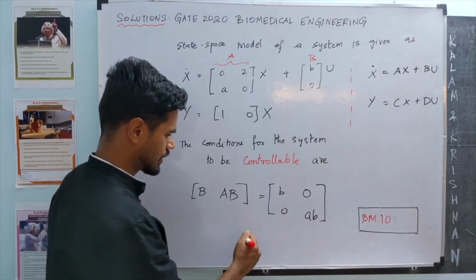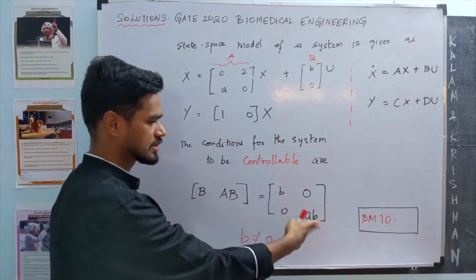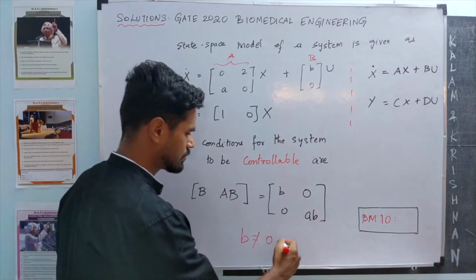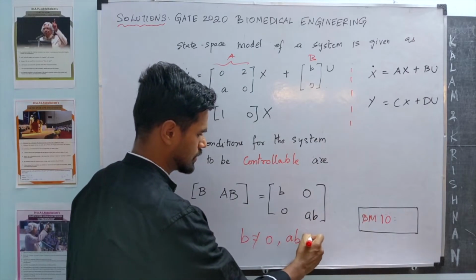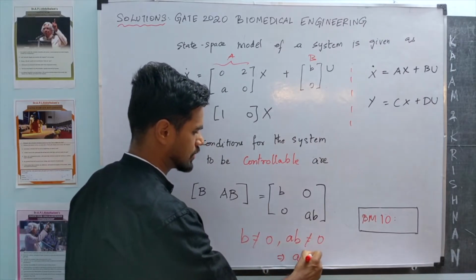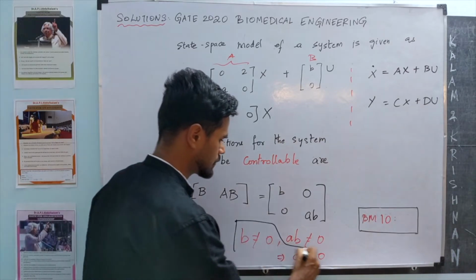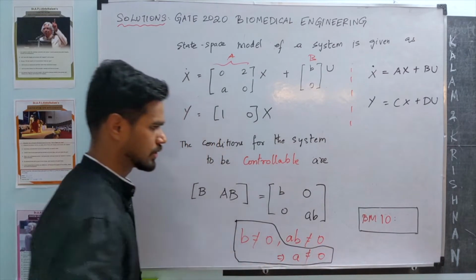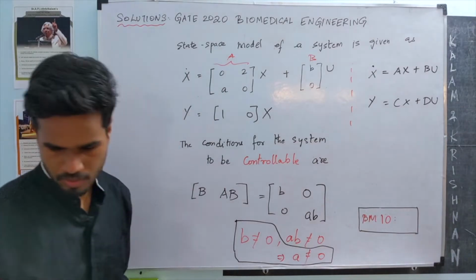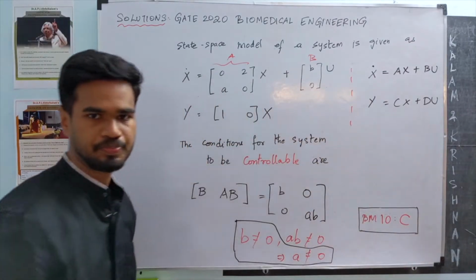We need B to be not equal to 0. If B is 0, then the rank is less than 2. Similarly, AB shouldn't be 0. This implies A is also not equal to 0. So the solution here is B not equal to 0 and A not equal to 0. I think that corresponds to option C in the paper.